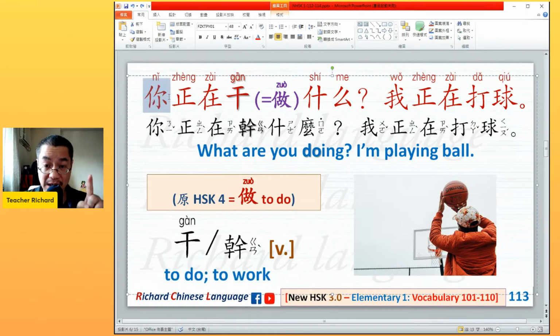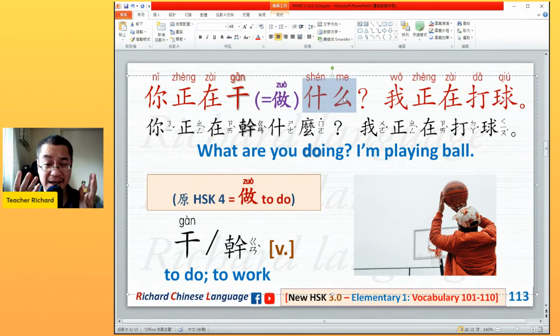For example, 你正在干什么? Okay, I'll read it again. 你正在干什么? Actually, that means 你正在做什么?